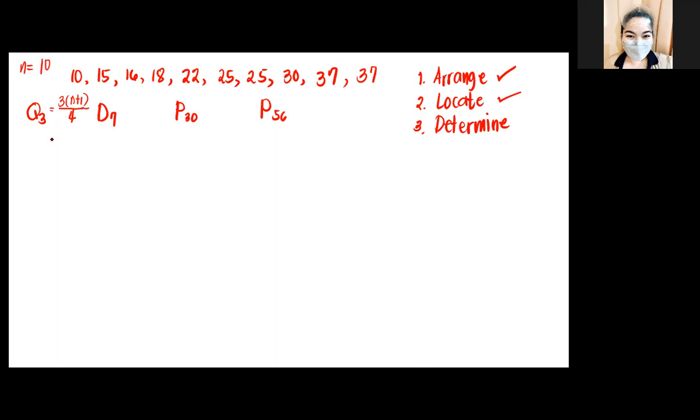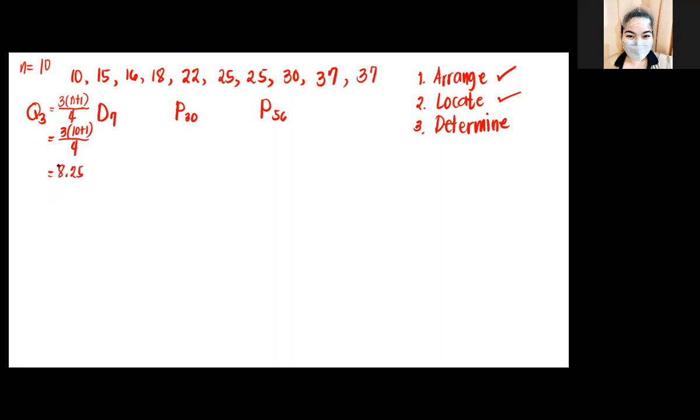Okay, so we just substitute it there. We have 3 times 10 plus 1. We already know that that is 11. 3 times 11 is 33. And what is 33 divided by 4? 8.25.